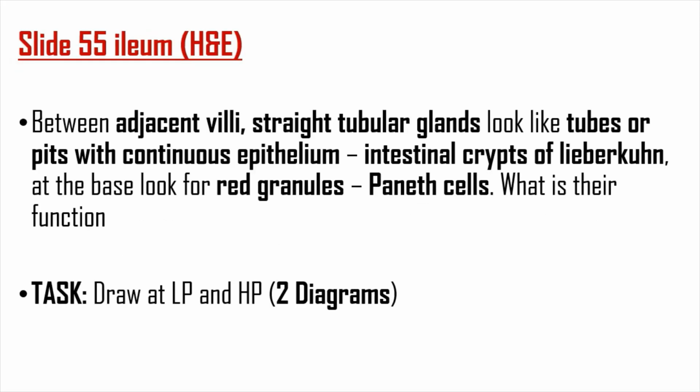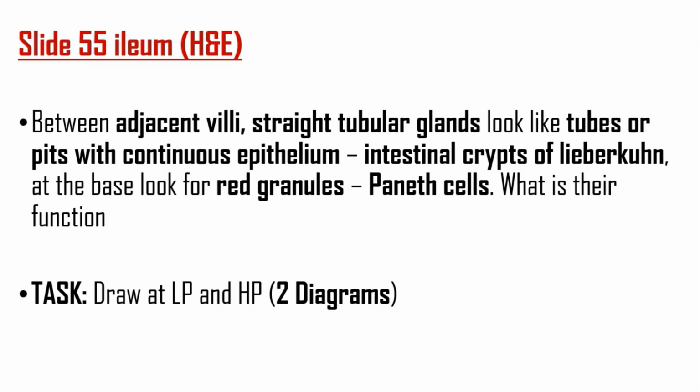So the first thing that we're looking at is simple columnar or simple tubular glands that are found in the ileum. What we're going to look at in this slide of the ileum is adjacent villi. Between adjacent villi, there are what we call straight tubular glands, which are continuous with crypts of Lieberkühn.